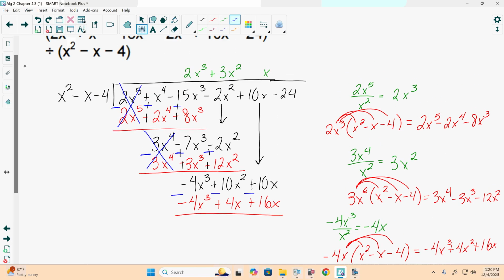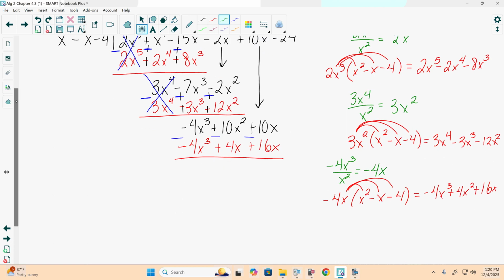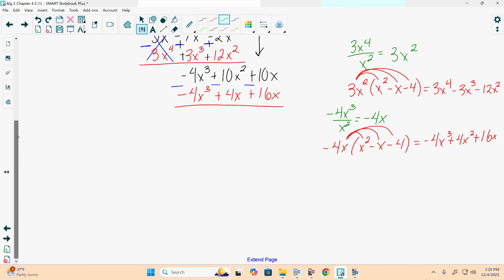And before I go too much farther, and again, we're going to subtract. Negative 4x cubed minus negative 4x cubed. Negative 4 minus negative 4 is indeed 0. 10x squared minus 4x squared, it should be a square, is 6x squared.